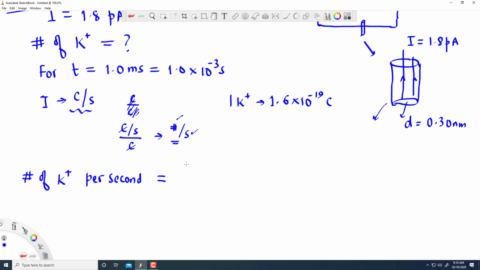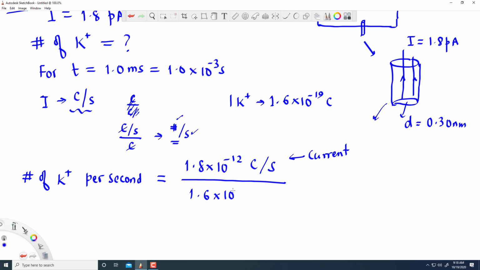I is 1.8 times 10 to minus 12 coulombs per second, which is amperes. Okay, that's the current. And then each potassium has the charge of 1.6 times 10 to minus 19 coulombs.